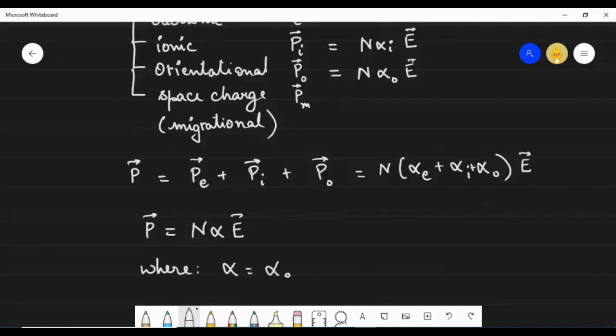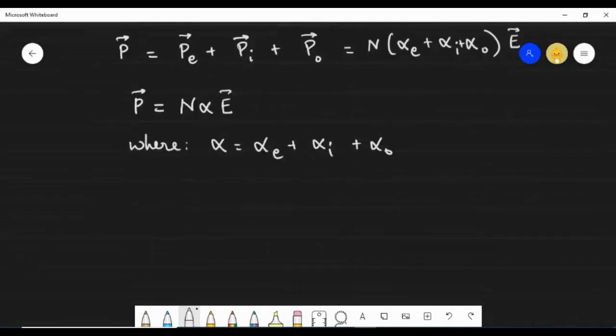Alpha equal to alpha E plus alpha I plus alpha naught. The dipole moment induced is proportional to the applied electric field E. The proportionality constant is called the polarizability alpha.